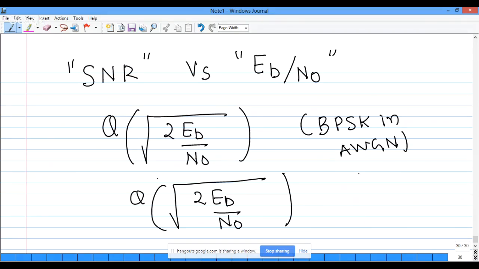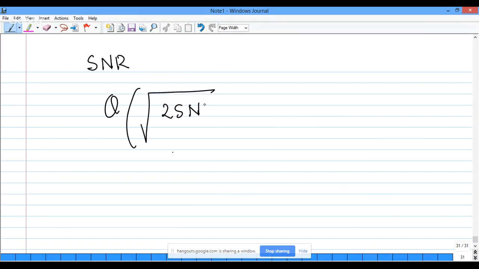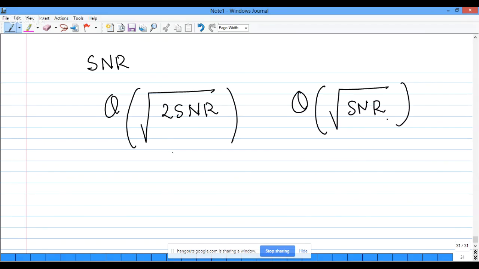Okay, but if I compare this in terms of SNR, the probability of error formula for BPSK in terms of SNR is this, whereas for QPSK we have this formula. That means if I look from the SNR point of view, this is for BPSK and this is for QPSK.